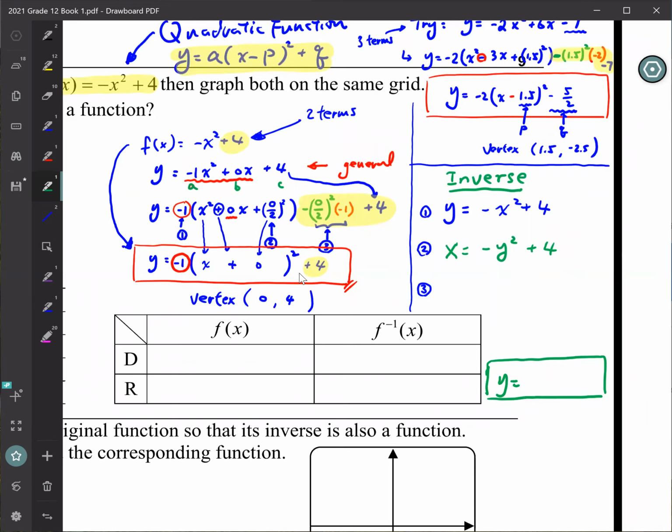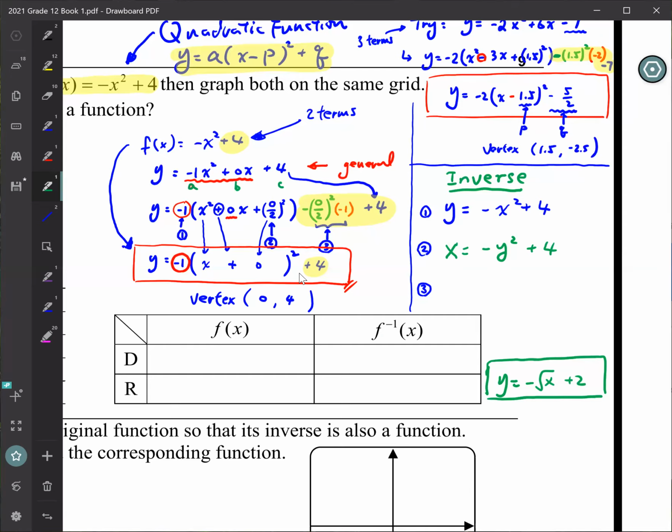Negative root x plus 2 equals y. Only x is under the root. Okay, I'll rewrite it. Negative root x, plus 2, is that what you meant? Yeah. Okay.